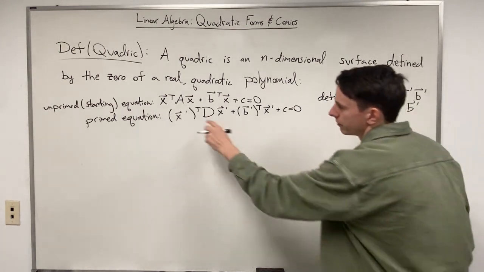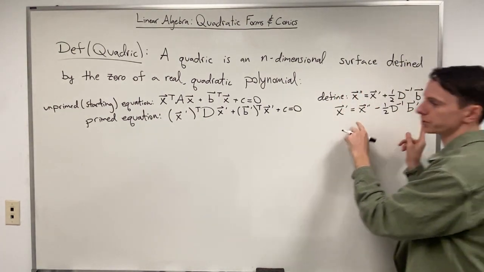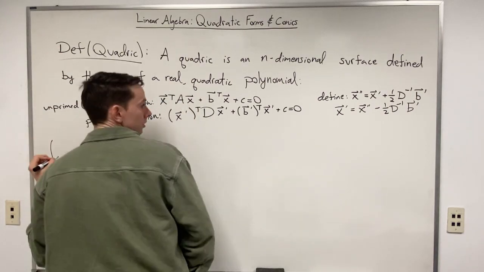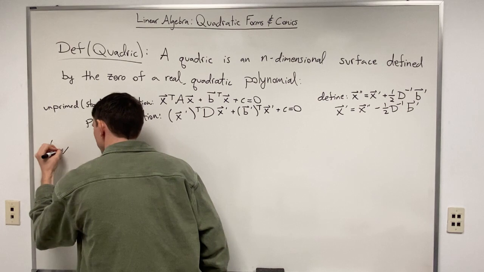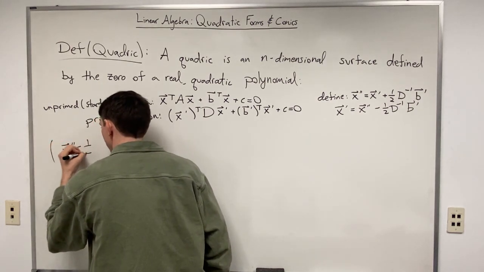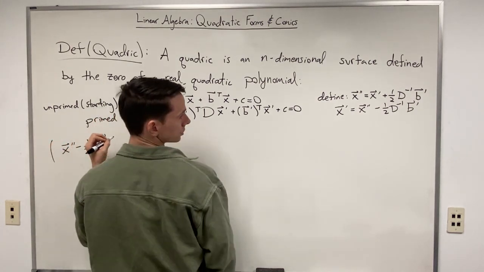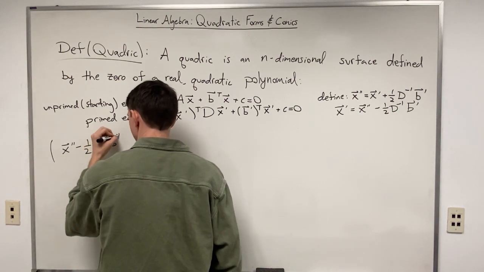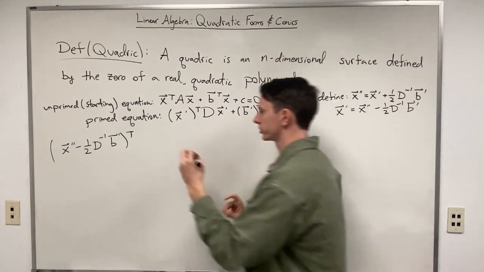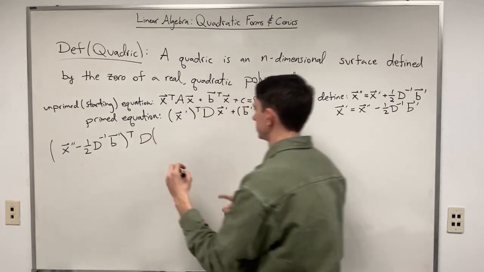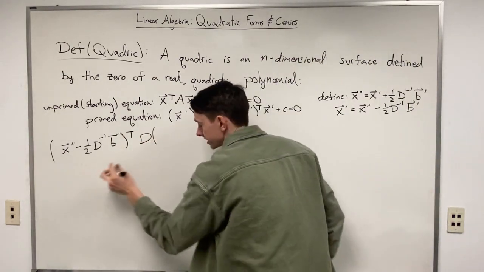So I'm going to have this quantity transposed. What I'm going to do is write a big set of parentheses to say this difference of vectors now. So x double prime minus 1/2 D inverse b prime, that is transposed, times my matrix D, times x prime, which is this thing in parentheses.